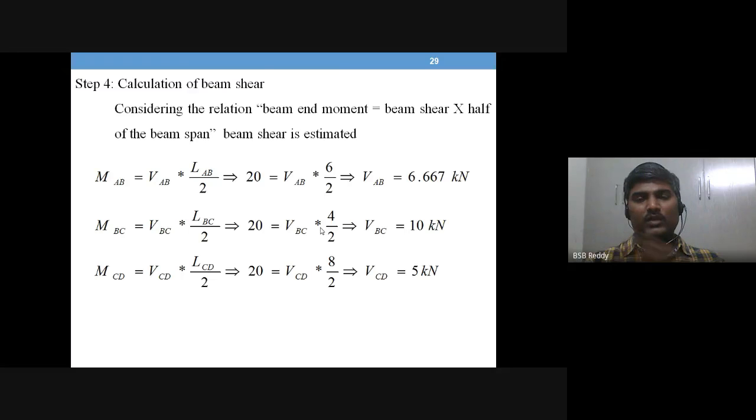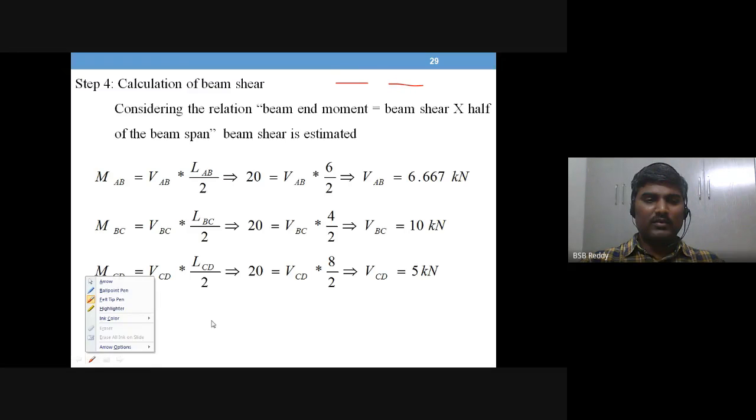Once you calculate the beam end moment, what next are you able to calculate? Imagine this is a beam, and it is divided into two parts because at the midpoint you have the point of contraflexion, an imaginary hinge.